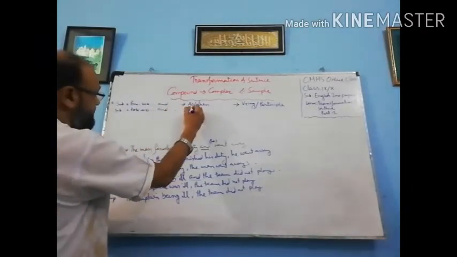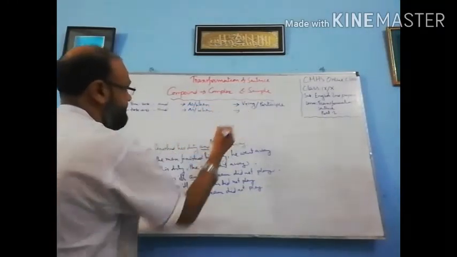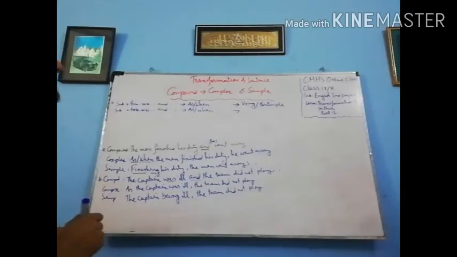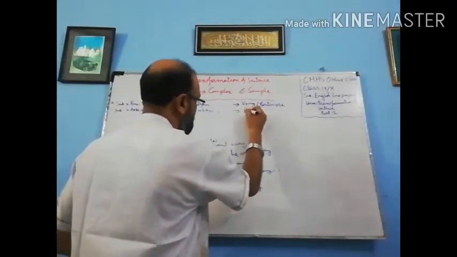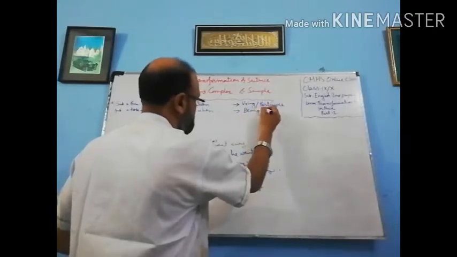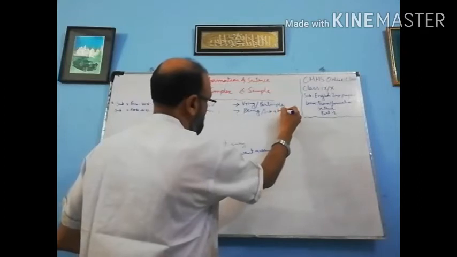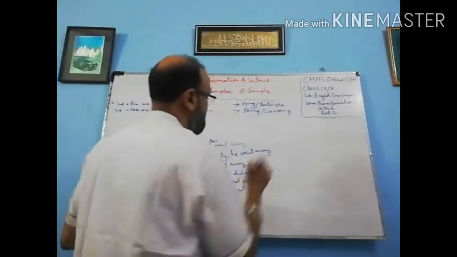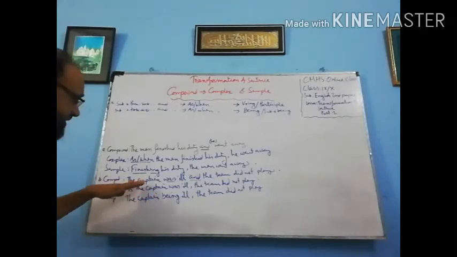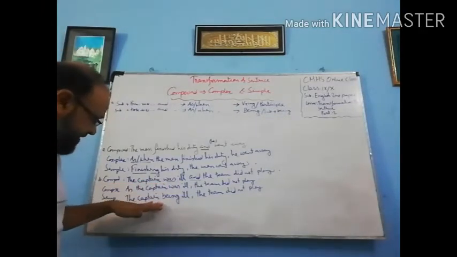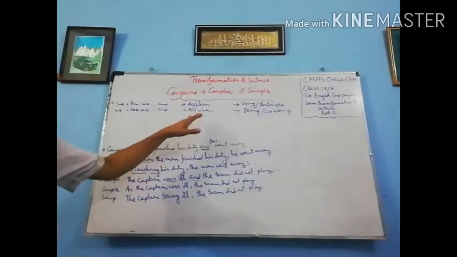We can use as or when, and to make it simple we can use being, subject plus being, and the remaining part has no change actually. If you look at this sentence: the captain was ill; the captain being ill, the team did not play. So where will we use being?